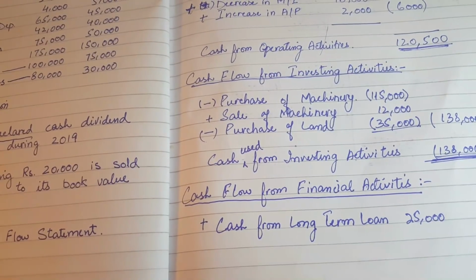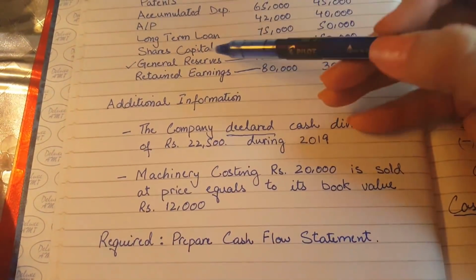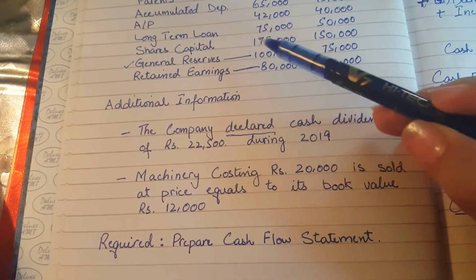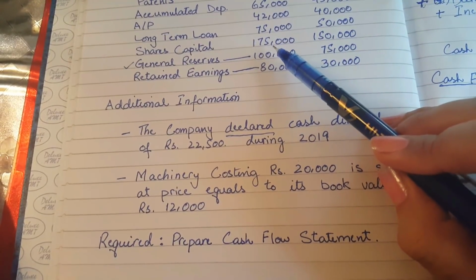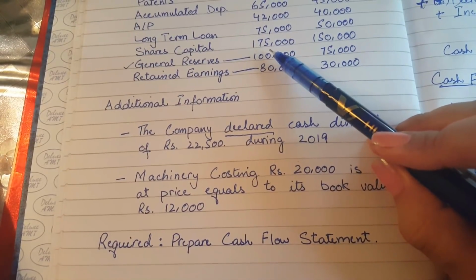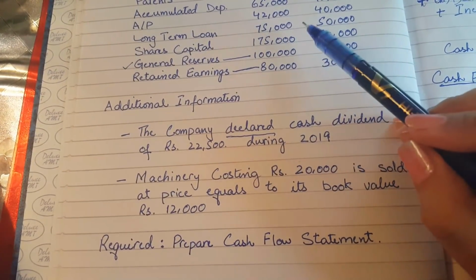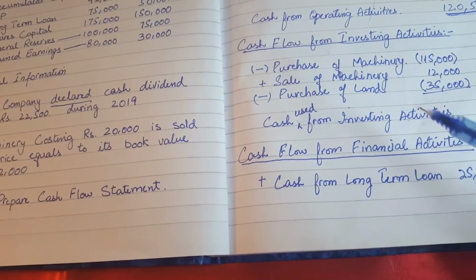So the next item under this category according to our question is share capital. Share capital is also a financial activity, and here we can see that there is an increase in share capital from 150 to 175. So this increase is also a cash inflow. So this amount will also be added here under financial activities.